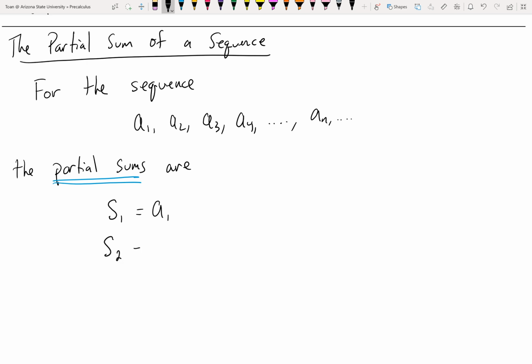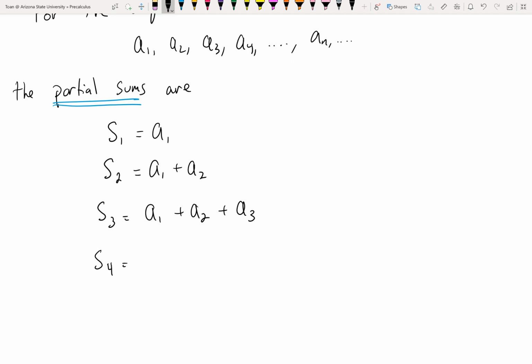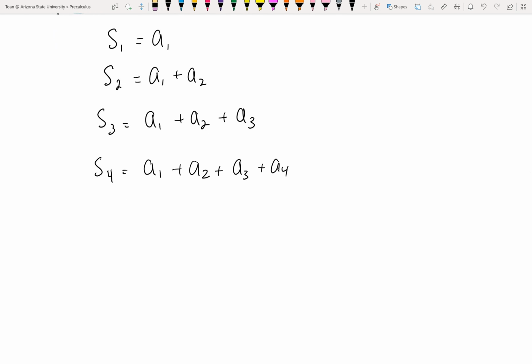The second partial sum is adding up the first two numbers. The third partial sum is adding up the first three numbers. I think you guys get the idea. The fourth partial sum is adding up the first four numbers, and so on and so forth. The nth partial sum is adding up the first n numbers, dot dot dot, plus a sub n.